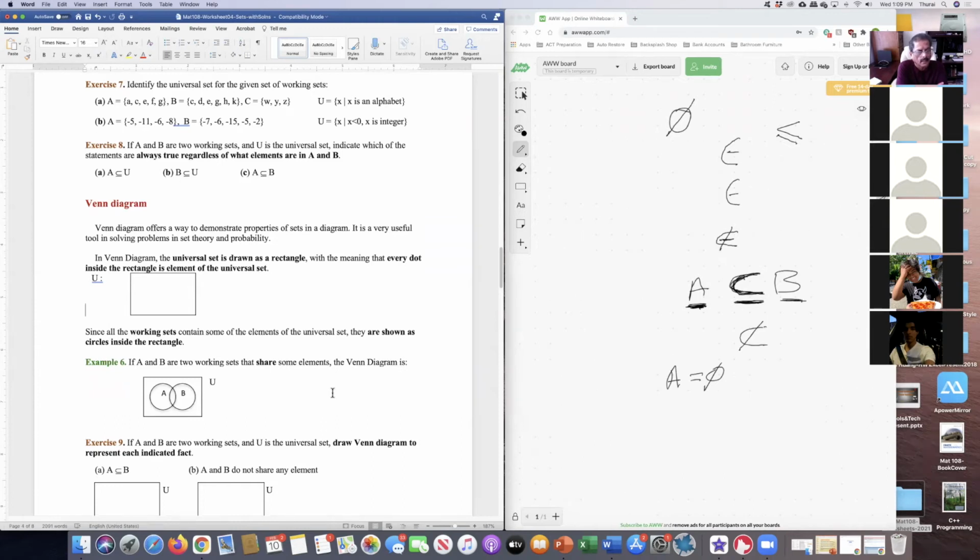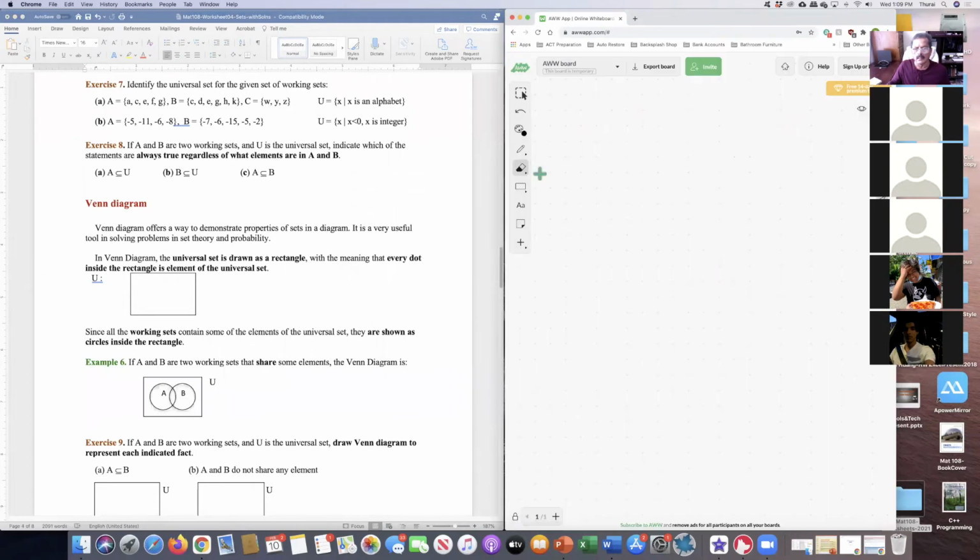In this method of Venn diagram, you would identify the universal set by a rectangle. So let me go to the board. If I want to show the universal set in the Venn diagram, I would use a rectangular box, which means all the points in here.